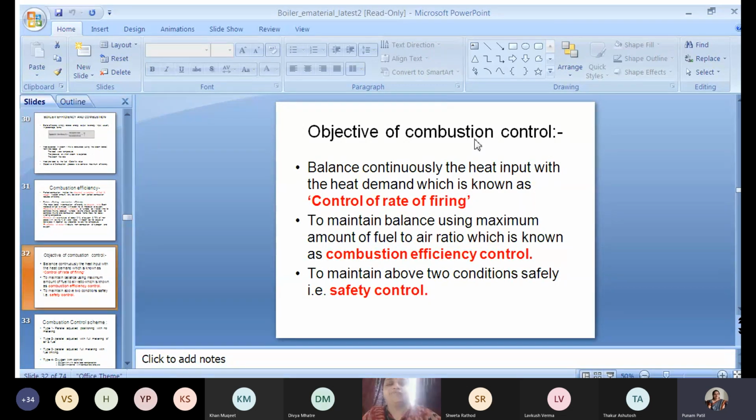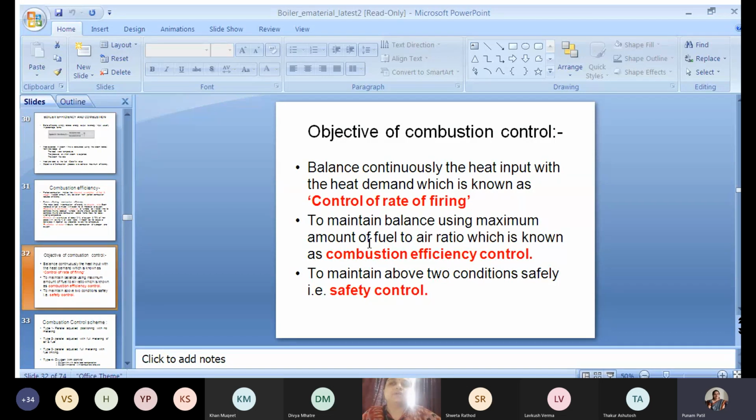How much air and fuel is added to the combustion chamber, right? So we need to control the rate of firing. For that we need to control the air and fuel flow. So how much air and how much fuel we add in the combustion chamber controls the rate of firing. So first objective is to control the rate of firing.